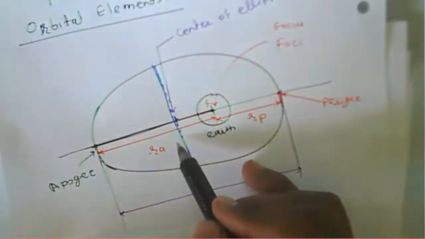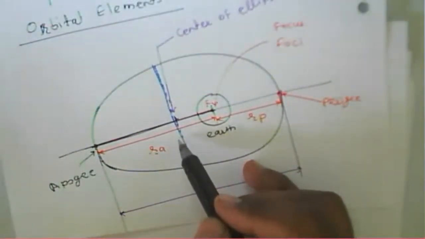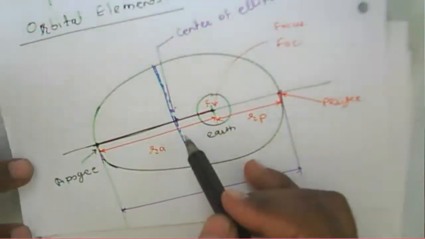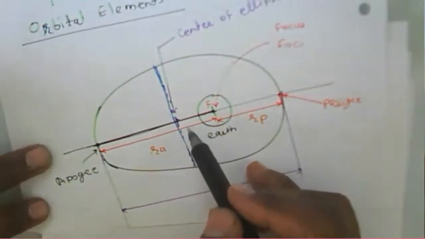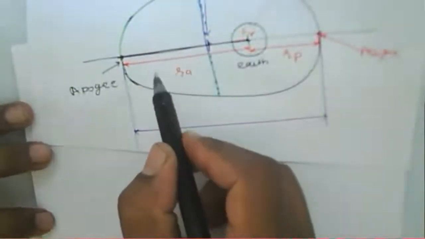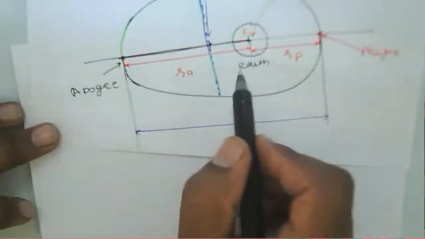Generally we can consider this from the diagram here. The semi-major axis is a function of the radius and the velocity of a satellite in a given orbit.